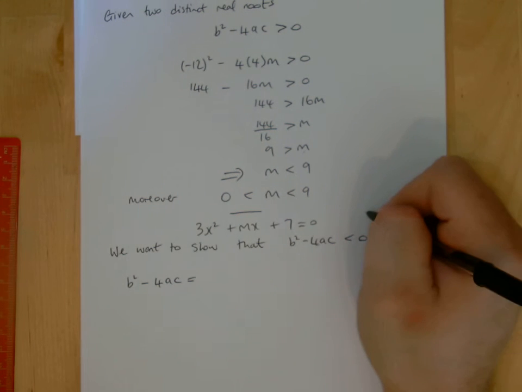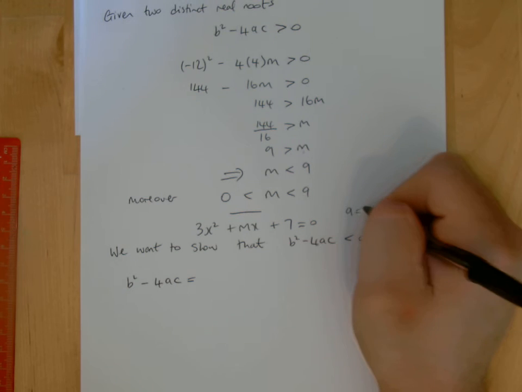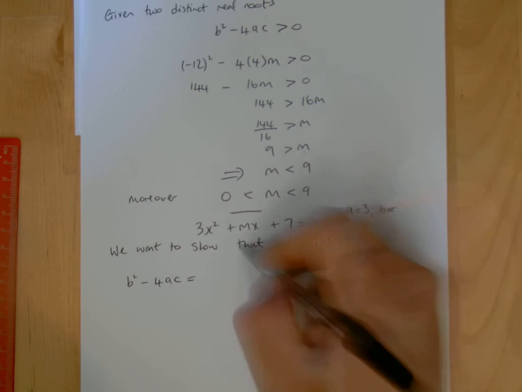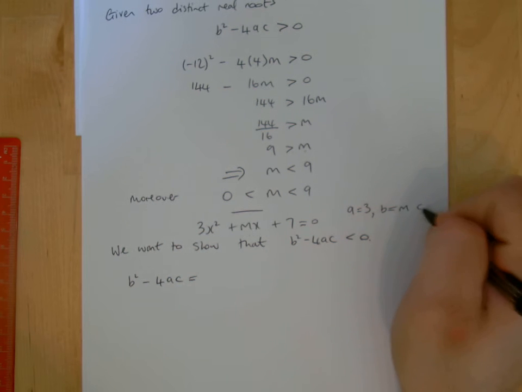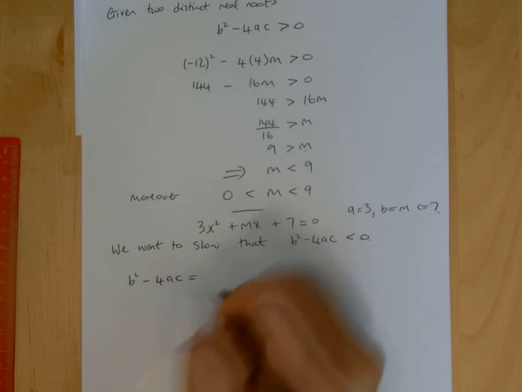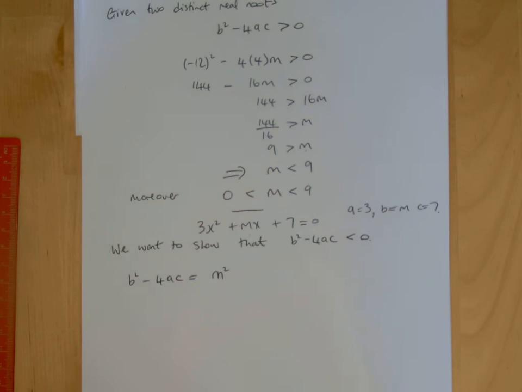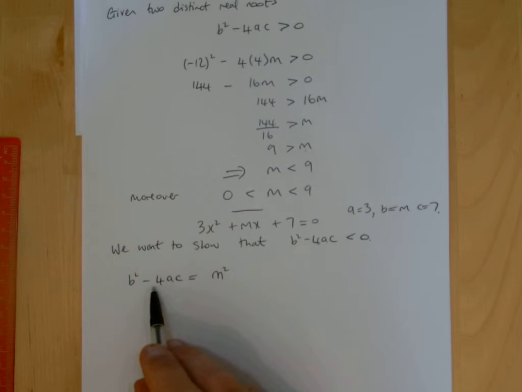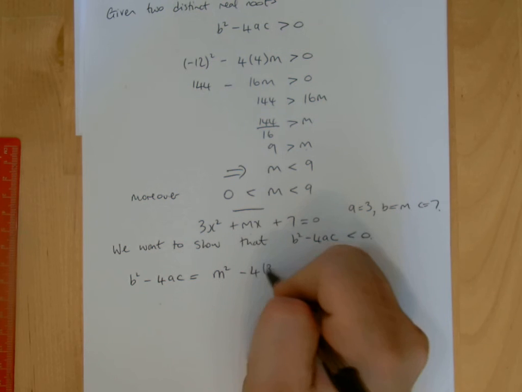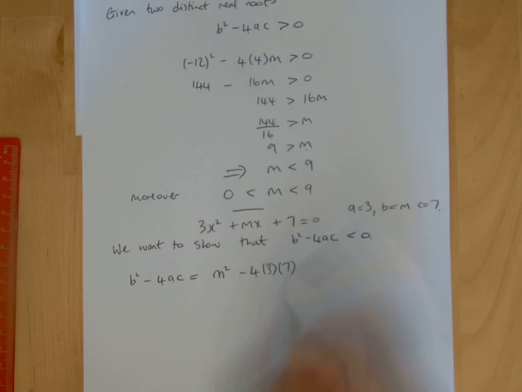So in this case here, remember now, a is equal to 3, b is equal to m, in front of the x, and c is equal to 7. So let's sub it in, so we'll have m squared minus 4 times a, which is 3, times c, which is 7. Okay, so that's what b squared minus 4ac is.